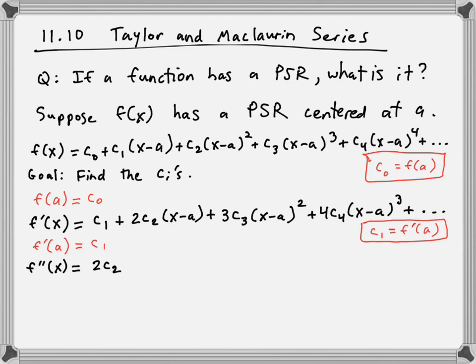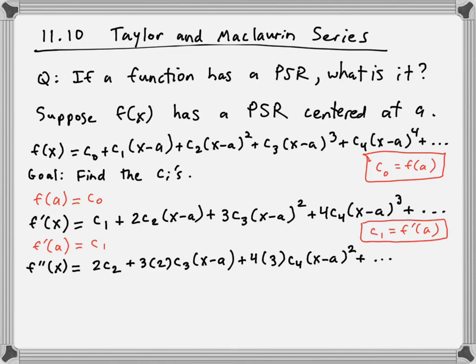Notice that this 2 comes down and multiplies by the 3, so we end up with plus 3 times 2, c3 times x minus a, plus 4 times 3, c4 times x minus a squared, plus, and we go on.